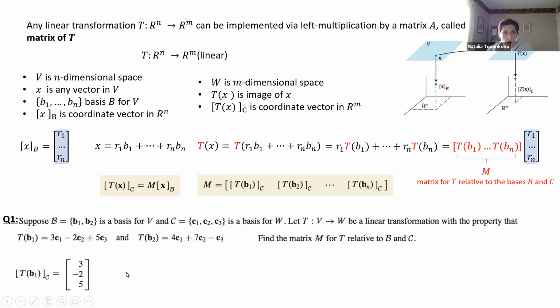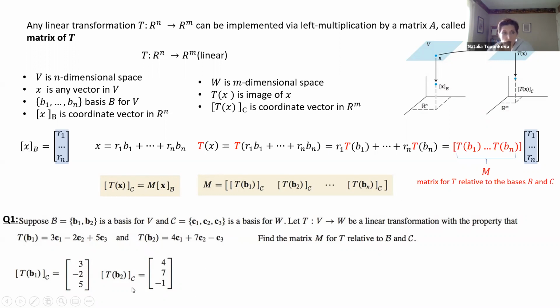Okay, let's look at the image of the second basis vector. Again, in the coordinate system of our vector space C, we can compile it from the weights in front of C in our equation for the image. The first will give us 4, the multiplier in front of C2 will give us the second component of the vector, and the multiplier -1 in front of C3 will give us -1.